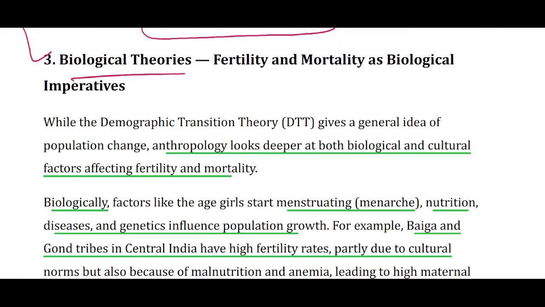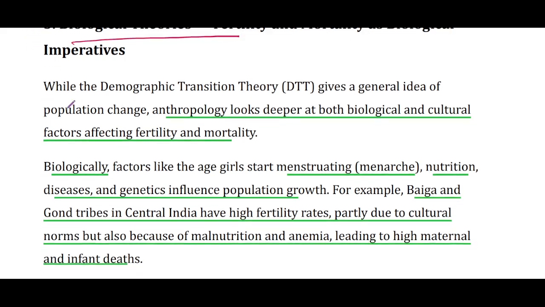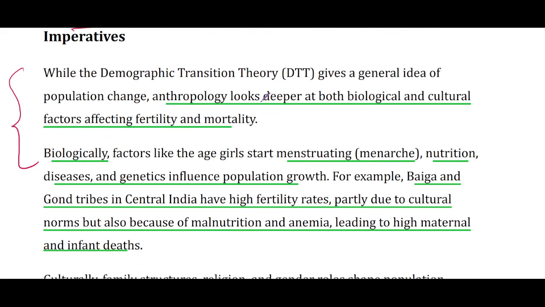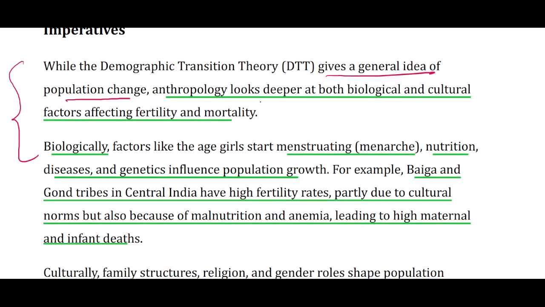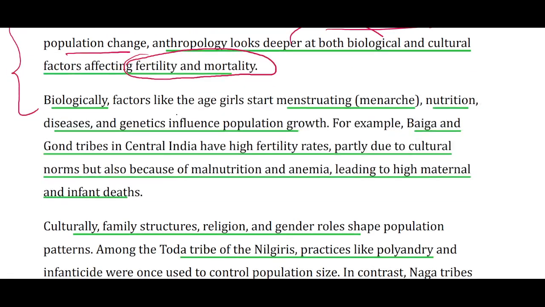Now the next theory, biological theories. Here, while demographic transition theory gives a general idea of population change, anthropology looks deeper at both biological and cultural factors that affect fertility and mortality.